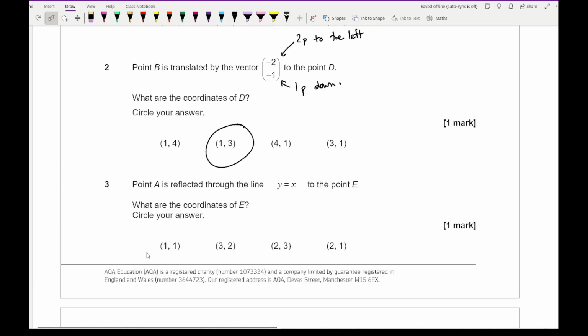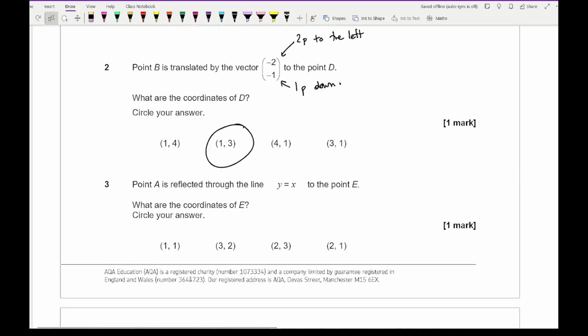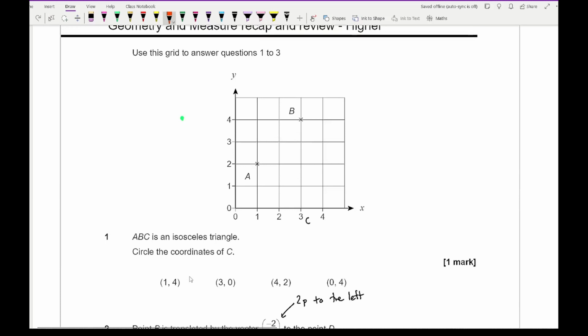And then for question 3, it says point A is reflected through the line of y equals x to the point E. What are the coordinates of E? For this, I'm just going to get rid of all these markings because it can be a little bit confusing. What I'm focusing on is point A. First things first, let's plot y equals x.